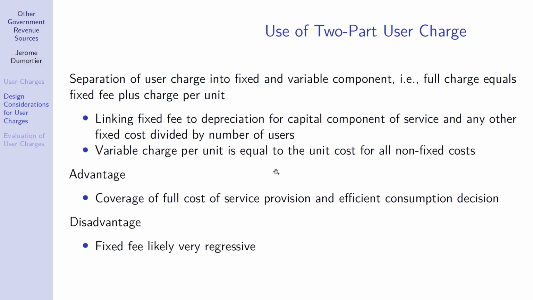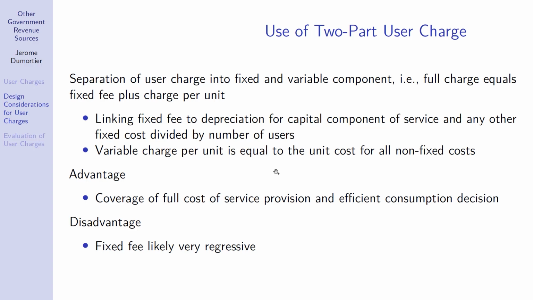That fixed fee then could serve as covering the depreciation for the capital component of the service, for example, the electric transmission lines, and the variable charge per unit is then equal to the kilowatt hours that are used. The advantage here is that you have a coverage of the full cost of the service provision, and then you're also making efficient consumption decisions.